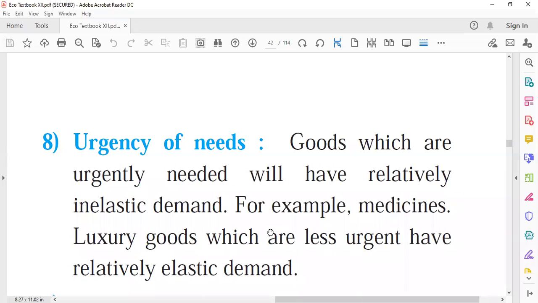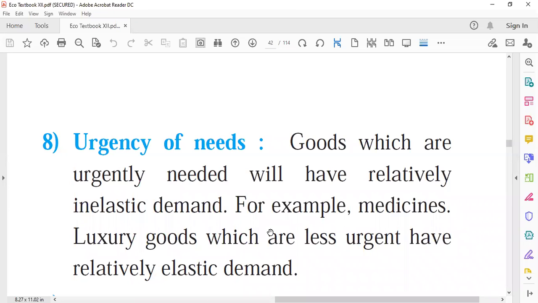Further, elasticity of demand also depends upon the urgency of a need. If you need any commodity urgently, in that case, you will be ready to purchase that commodity even at a higher price. The demand will not get affected by the prices. You can take the example of medicines. Now you can see the current situation in this pandemic.